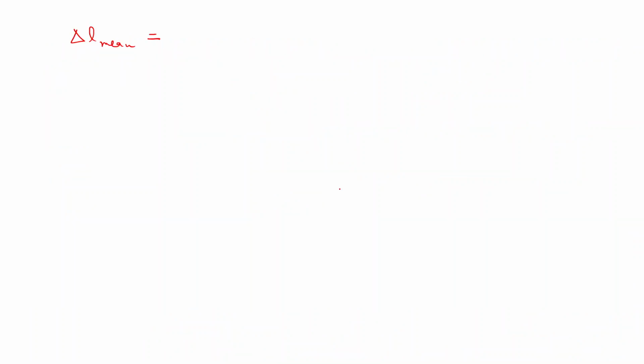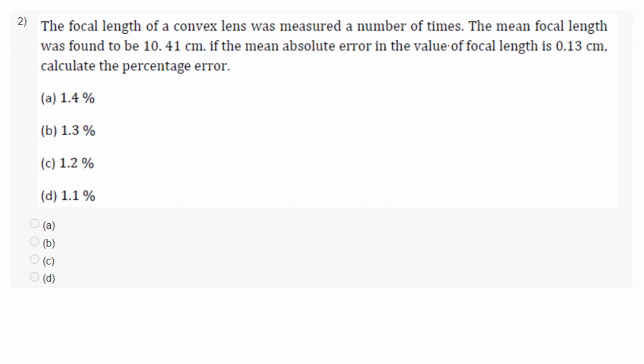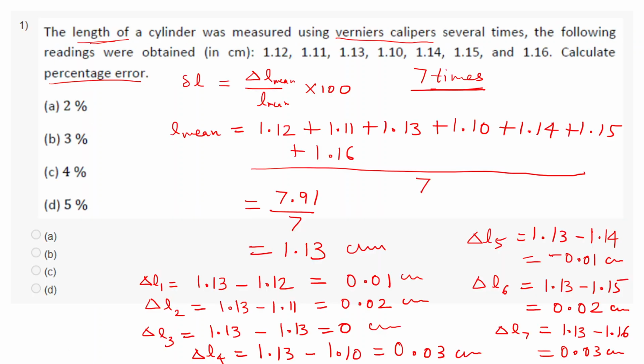So the mean will be 0.01 plus 0.02 plus 0 plus 0.03, and I'll take absolute of this. Oh, this is also negative, this is also negative, but I have to take absolute of this.